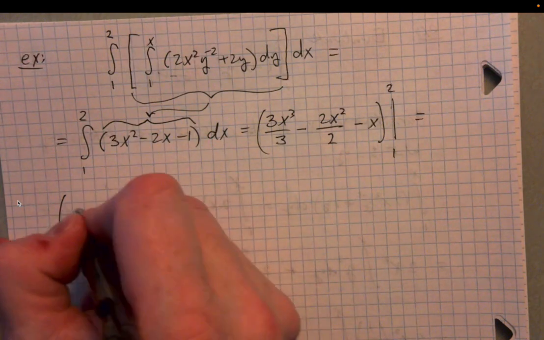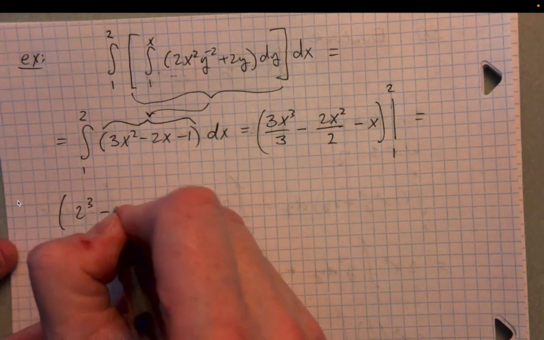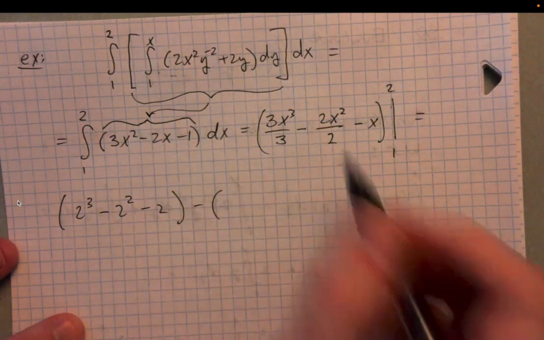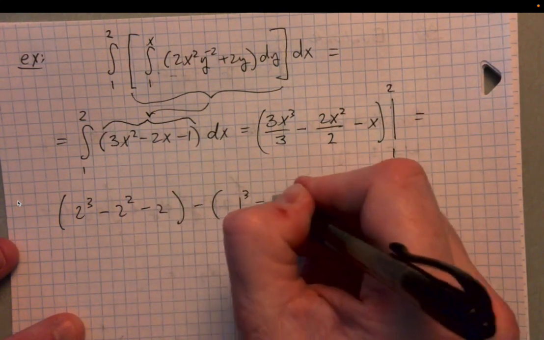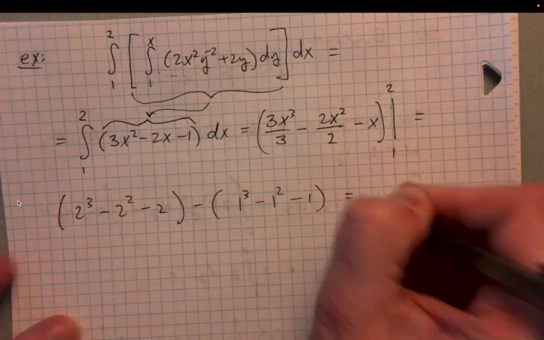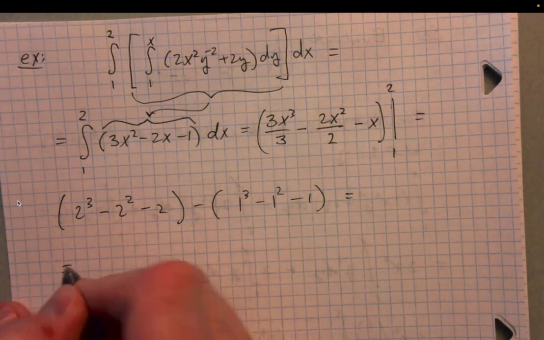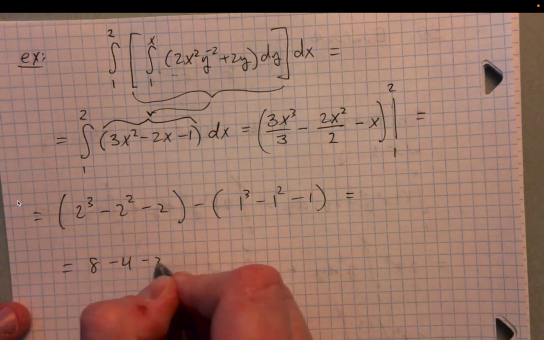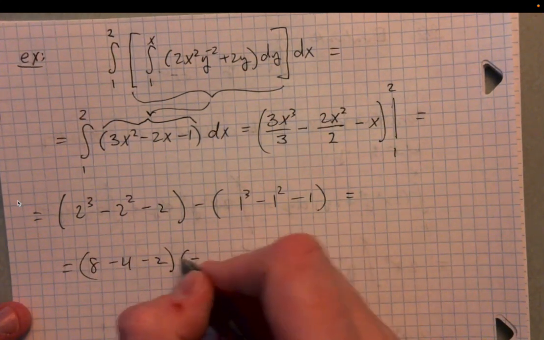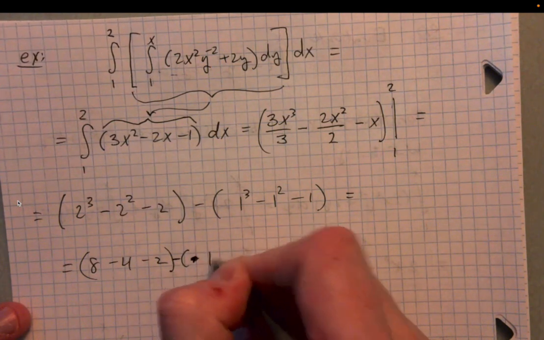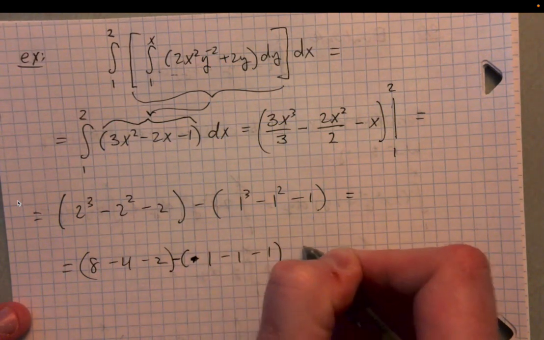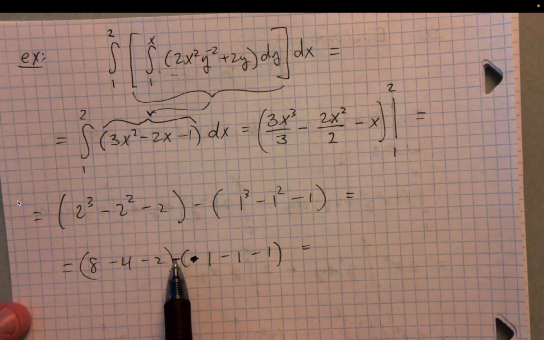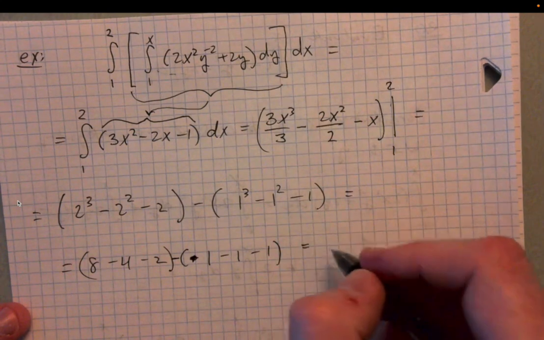We just get 2 cubed minus 2 squared minus 2, minus, and then the whole thing is 1 cubed minus 1 squared minus 1. And so what do we get here? We get 8 minus 4 minus 2, minus 1 minus 1 minus 1. And so basically we get 2 minus negative 1.